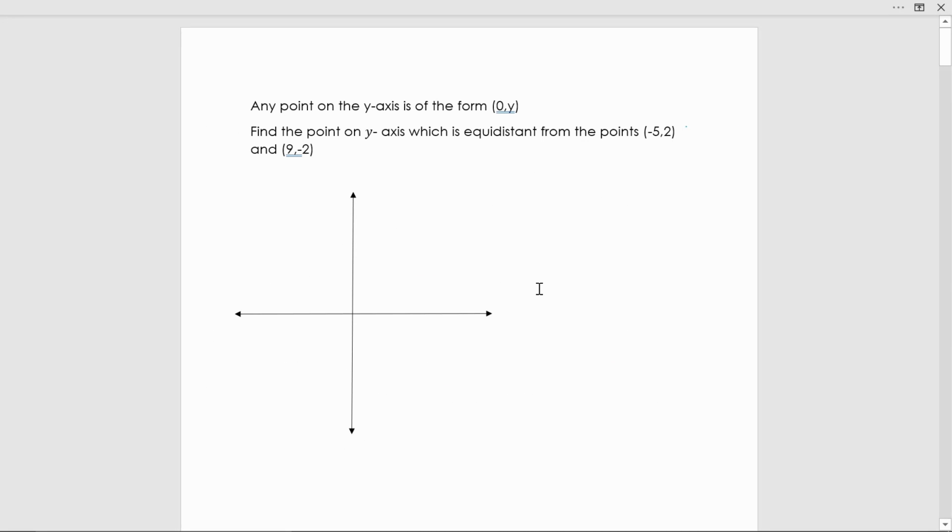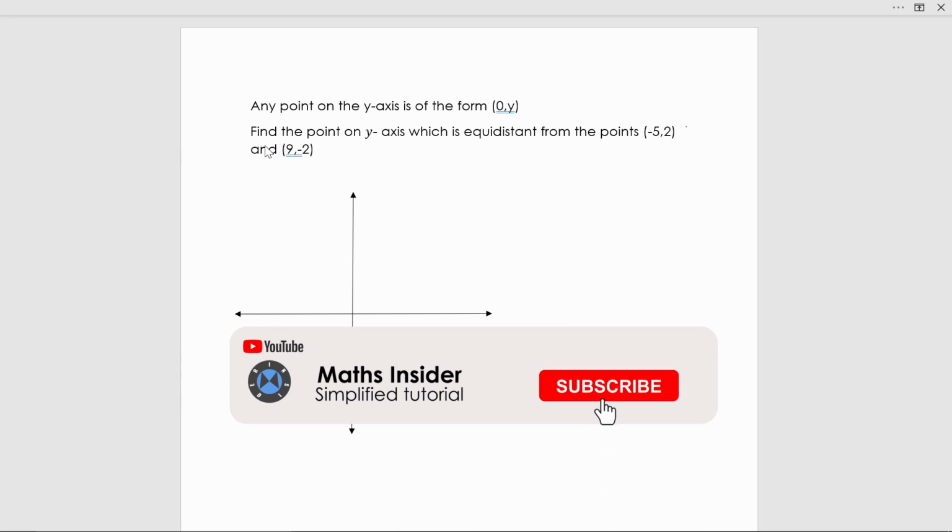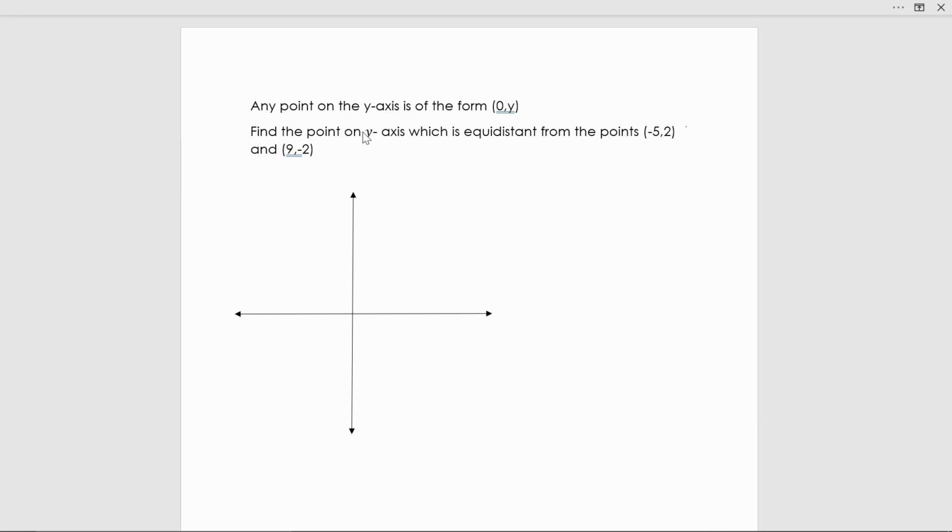First we are going to start with any point on the y-axis, which will take the form 0 and y. We will take an example and see how to solve this particular problem. We will read the problem very carefully. Find the point on the y-axis which is equidistant from the points minus 5, 2 and 9, minus 2.